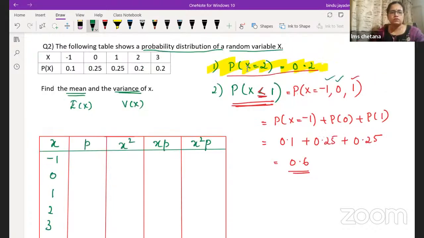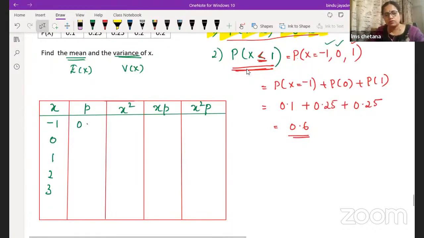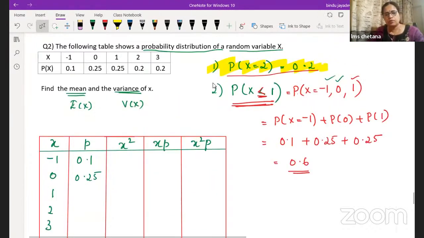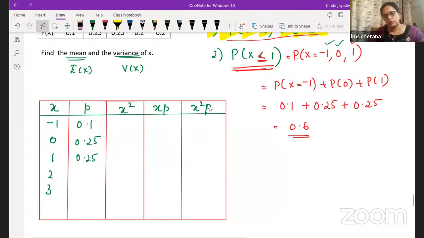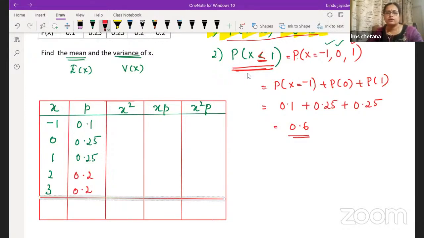What are the probability values? 0.1, 0.25, again 0.25, 0.2, 0.2. Complete all the values first. I think you have already completed, correct?